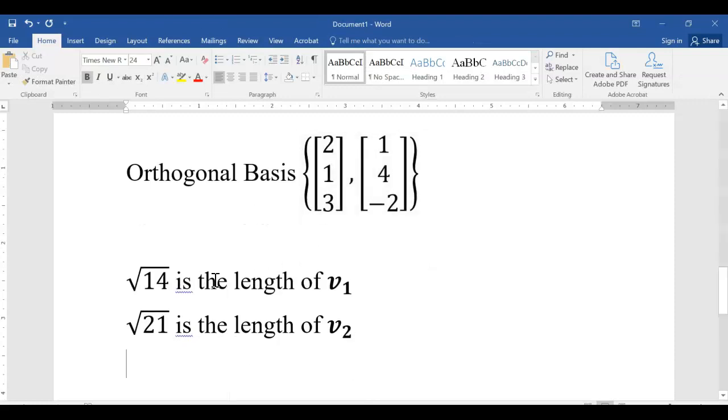All right, so all we have to do is scale this appropriately. And by the way, how we scale each vector is we just go 1 divided by the length.